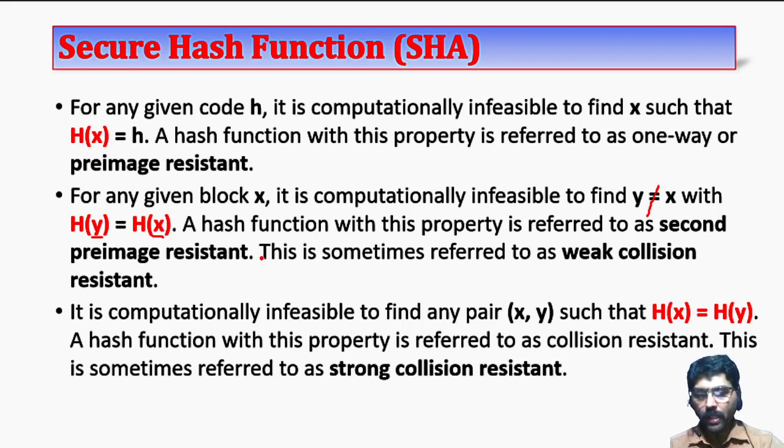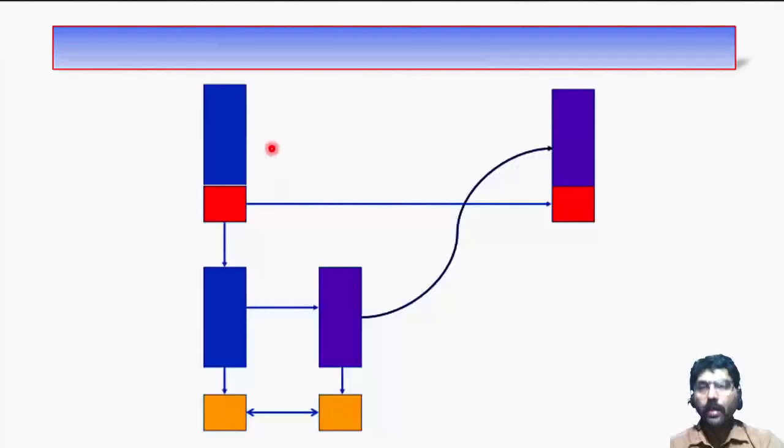I will explain this concept with some diagram here. Now see, this is the message sent by the sender along with the encrypted code. Now the opponent captures both message and encrypted code here, and he uses that message to create an unencrypted hash code.